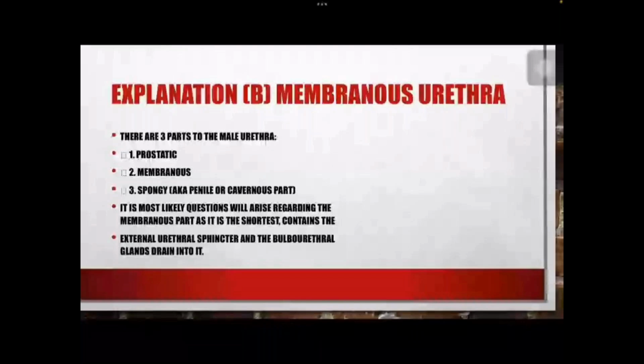And what is the blood supply of the urethra? Blood supply of the urethra is from the vesical arteries. And the vesical artery is a branch of which artery? The vesical artery is a branch of the internal pudendal artery.